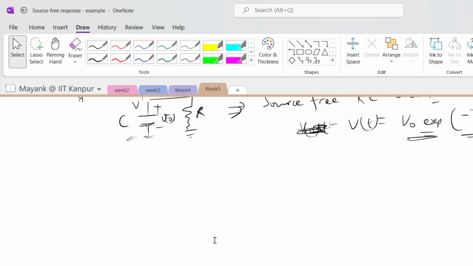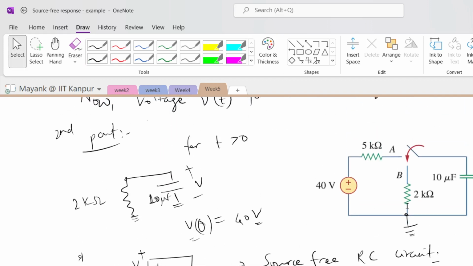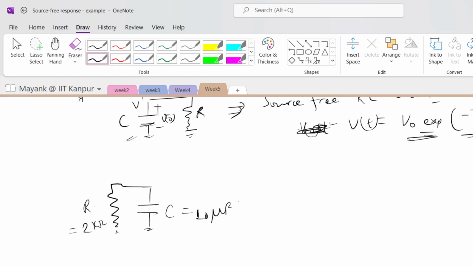In our case also, we have a capacitor C equal to 10 microfarad, and a resistor here which is equal to 2 kilo ohms, right? Yes, this is 2 kilo ohms. So what will be the response in this case? And what is V0, by the way? V0 is equal to 40 volts.